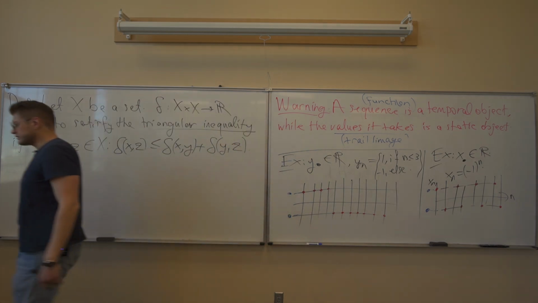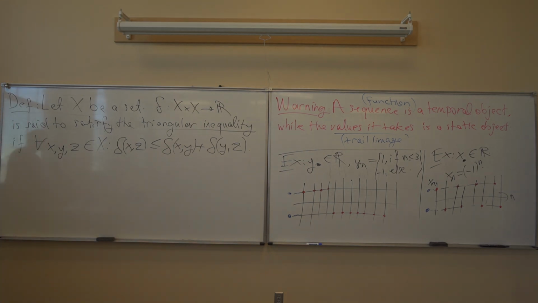And why is this called the triangular inequality? Or maybe I should ask you, any guesses as to why this is called the triangular inequality? It represents the lengths of the sides of the triangle. That's the point, right? Exactly.